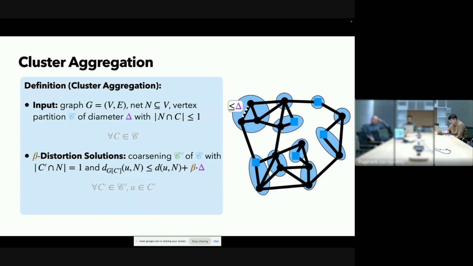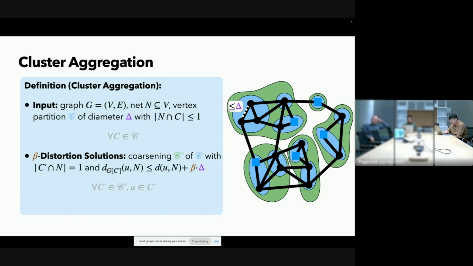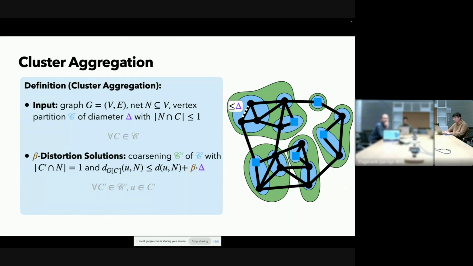And now look at the distance that a vertex has to go to get to its nearest net vertex inside of its coarsened part. So if I coarsen my part like this, then this vertex has to go there. That shouldn't be that much more than its distance to get to any net vertex. Namely, you should pay at most an additive beta times delta. So the units of distortion that we're measuring in are the diameter of these blue parts.